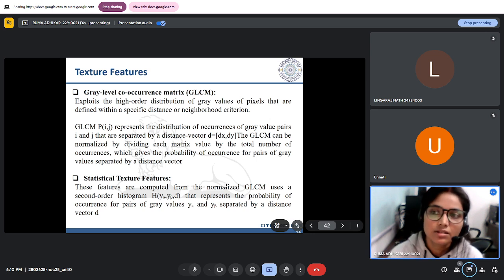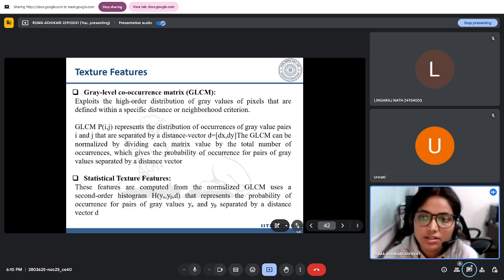So, what is the GLCM? The full form is gray level co-occurrence matrix. It explores the high order distribution of gray values of pixels that are defined within a specific distance or neighborhood criterion.